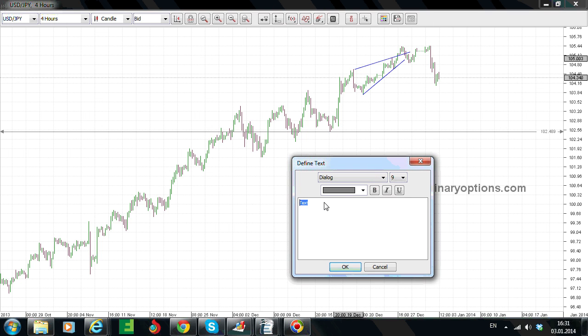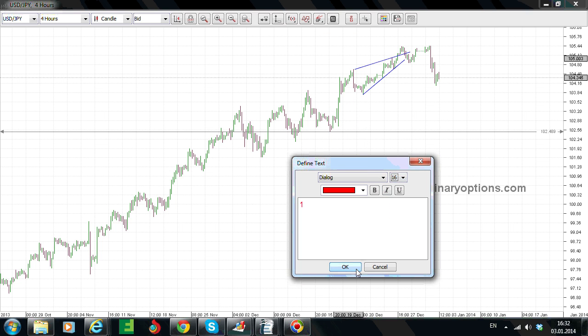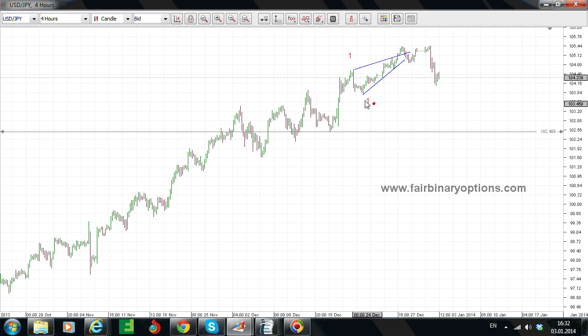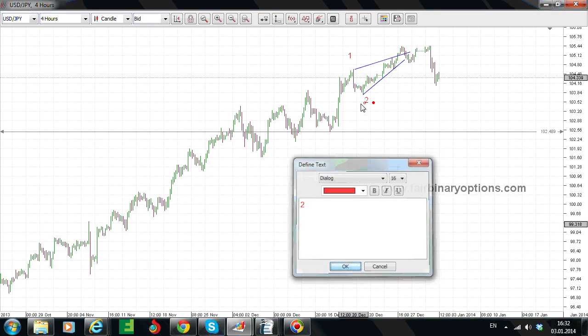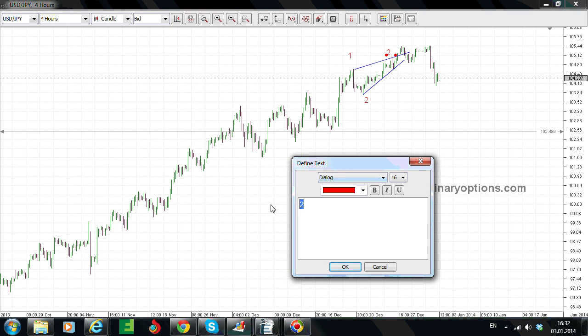So this should be wave 1. This should be the 2nd wave. All this move to the upside should be the 3rd wave.